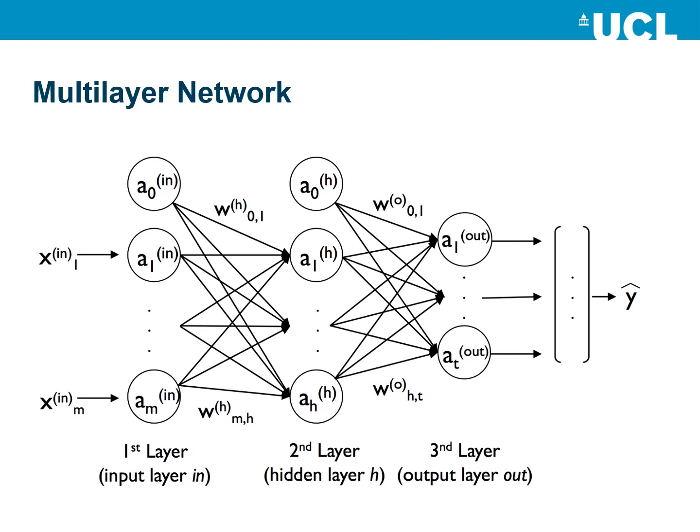This slide shows a formal description of the multilayer network. Firstly, you present your data to your input layer. Once you've done this, you pass the information from your input layer to the hidden layer and from the hidden layer to the output layer. If you have another hidden layer, you can also adjust the multilayer network by adding more hidden layers.